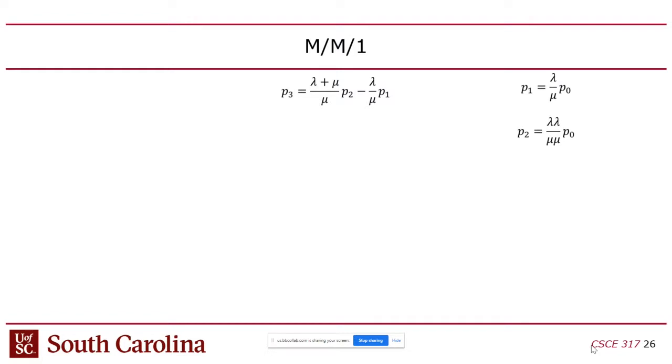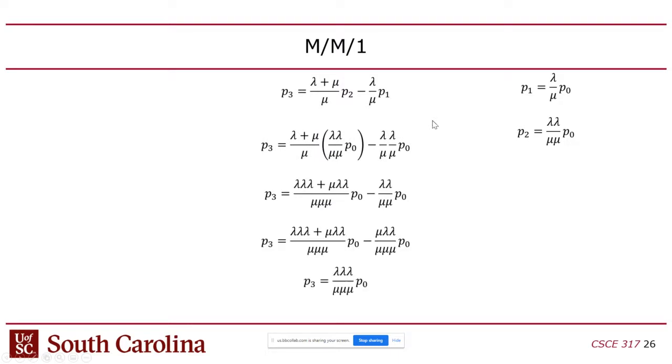So we get rid of p2 and p1, and we have p3 as a function of p0. We end up with p3 equals lambda lambda lambda divided by mu mu mu p0. This just continues, and you can generalize it as the probability of being in state n is simply lambda over mu to the nth power times p0.